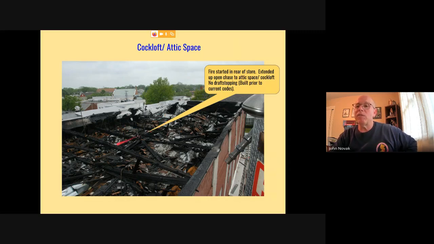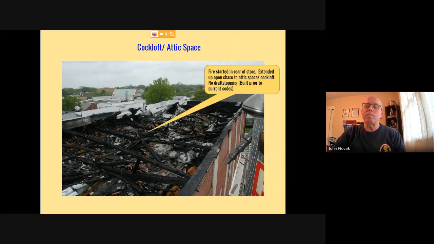Again, there was no draft stopping. I know I haven't gone over draft stopping. You can look up draft stopping in the building code. It's basically just if you have a combustible attic space or a combustible cockloft, every 1,000 square feet there needs to be some type of barrier, called draft stopping, to try to slow the spread of fire through the cockloft, through the attic space.